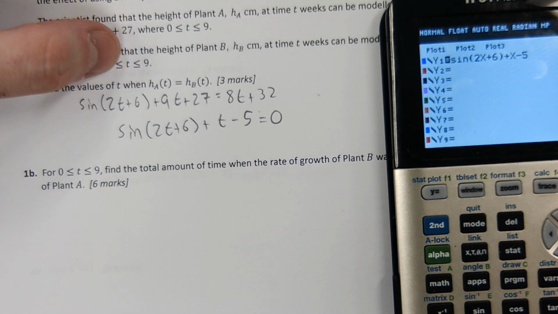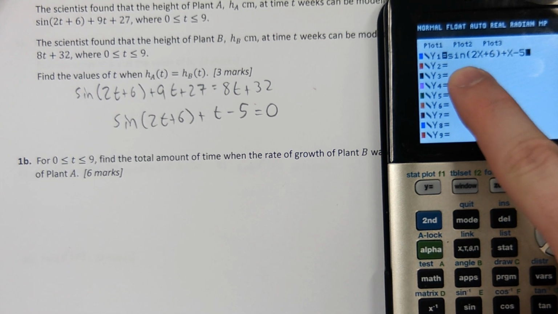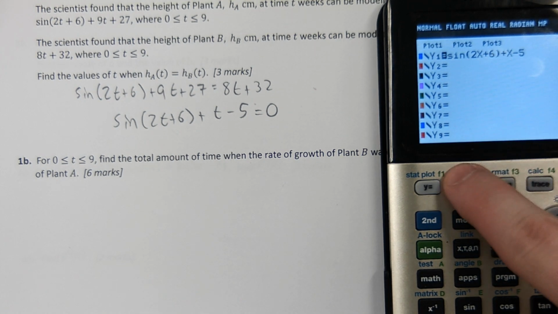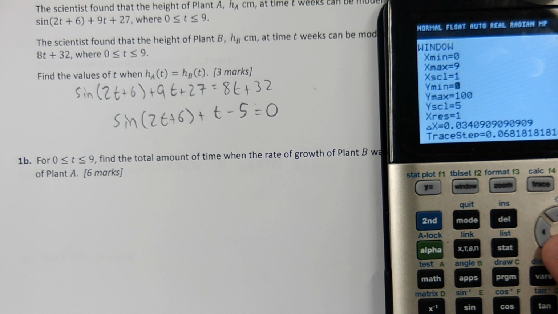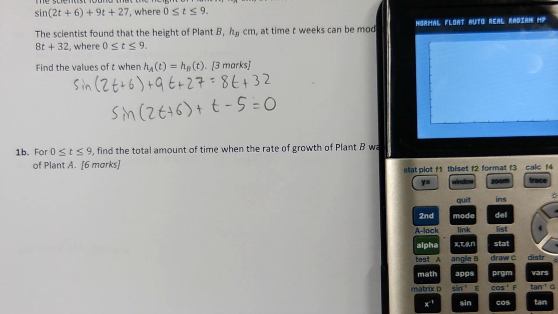Again from 0 to 9, but this trig function, its amplitude is 1. So I don't need to go all the way up to 100 anymore. And we can't have a negative height. So, what's a good number? 15? 10? I'm just guessing. I don't remember.